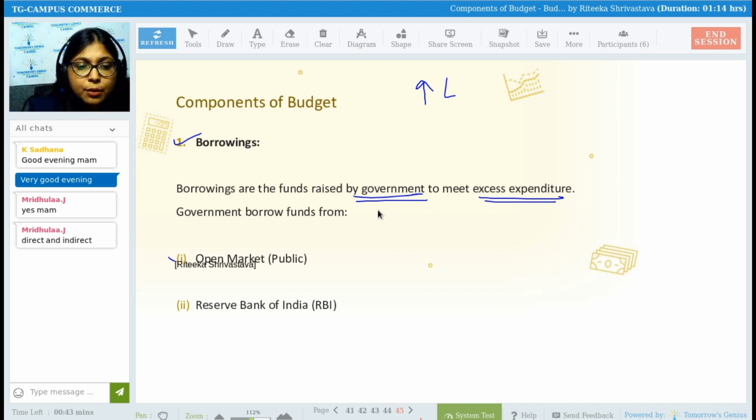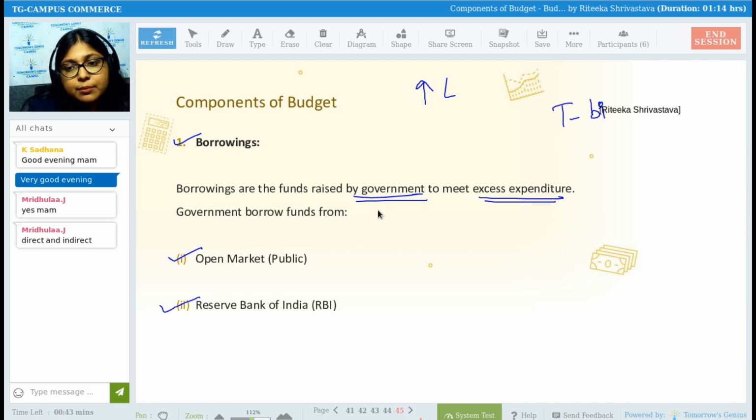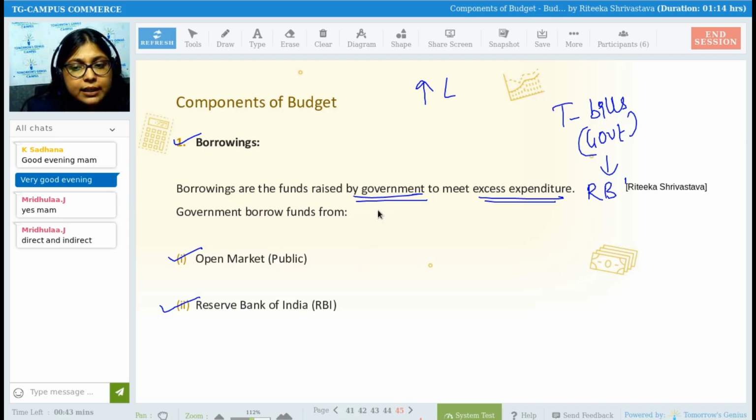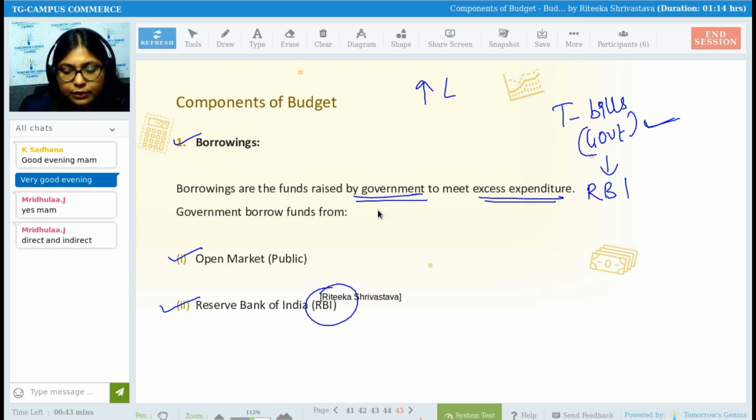So the government can borrow funds from the open market, through open market operations. We have already studied T-bills, right? Treasury bills are government securities issued by the RBI, and this issuance is actually of the government.